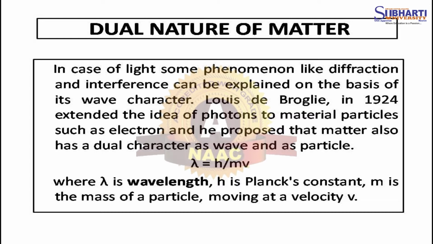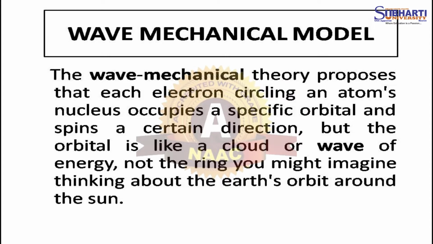Louis de Broglie in 1924 extended the idea of photons to material particles such as electrons, and he proposed that matter also has a dual character as wave and as particles. So lambda is equal to h upon mv, where lambda is wavelength, h is Planck's constant, m is the mass of a particle and v is the velocity.